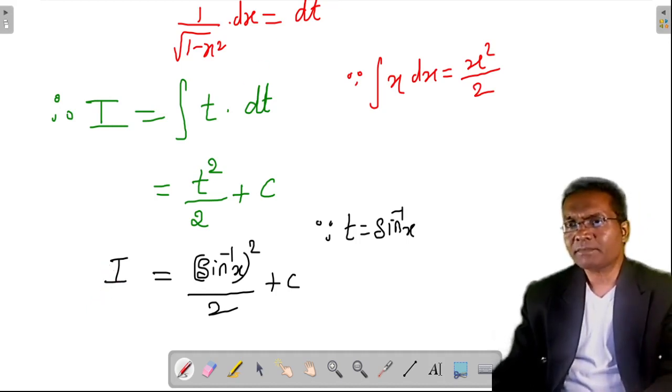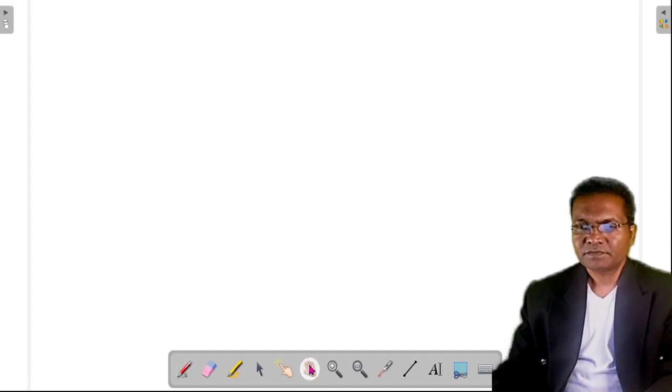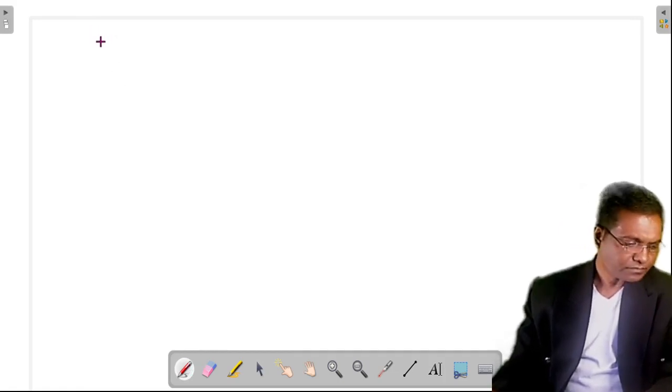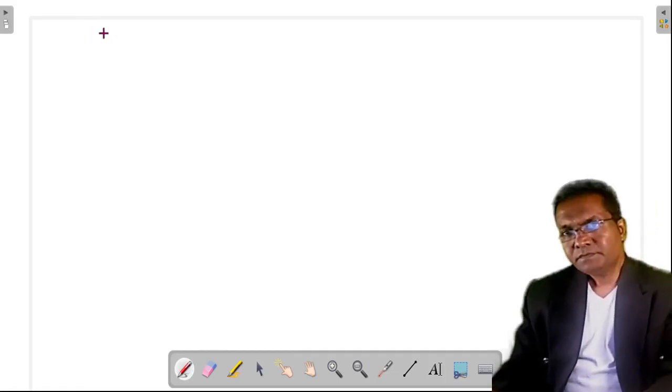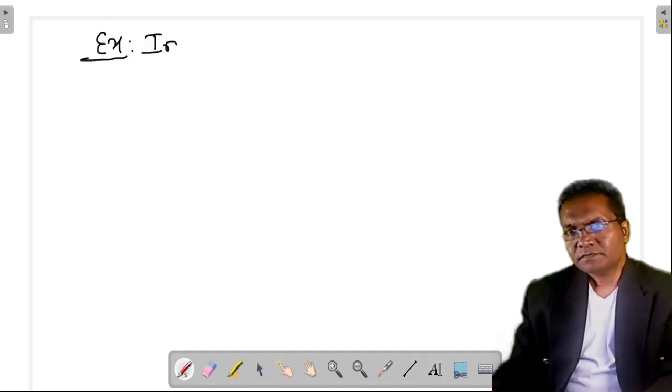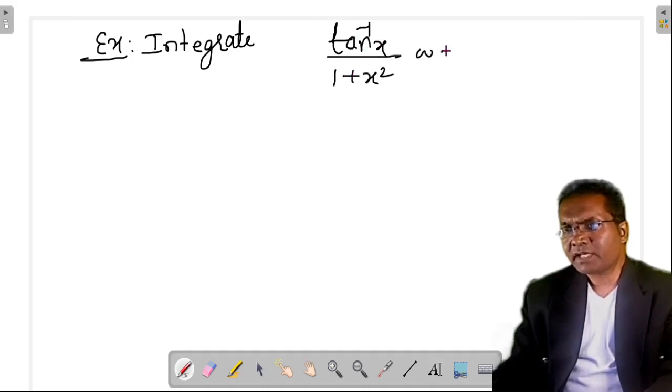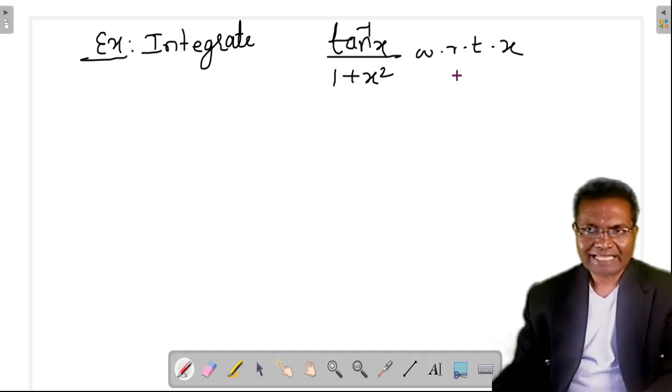Let's have another example. Suppose you are asked to find the integral, suppose the question is, integrate tan inverse x by 1 plus x square with respect to x.